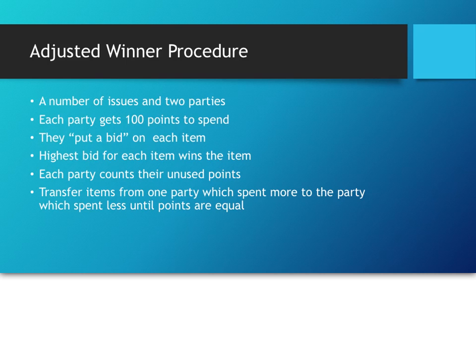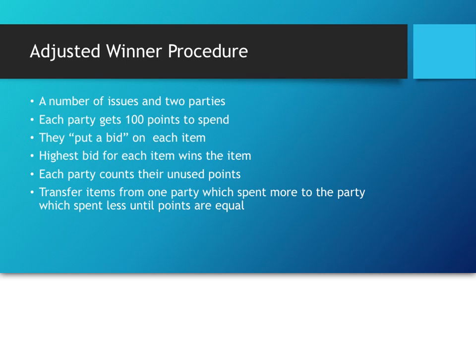Once the two parties put a bid on each item, whoever has the highest bid takes that item. Now, there's an issue with that. It could be that somebody just bid 1 point more on all but one item, and so they got all but one item. So there's an adjustment.